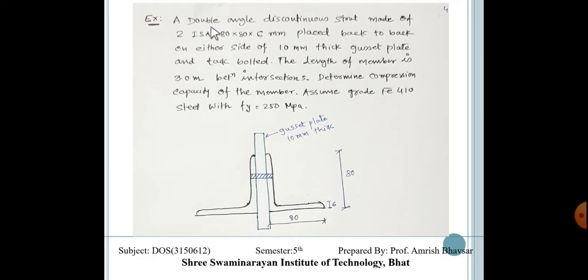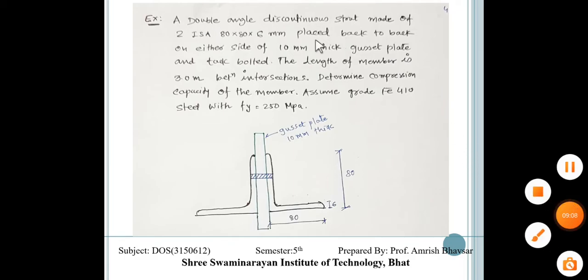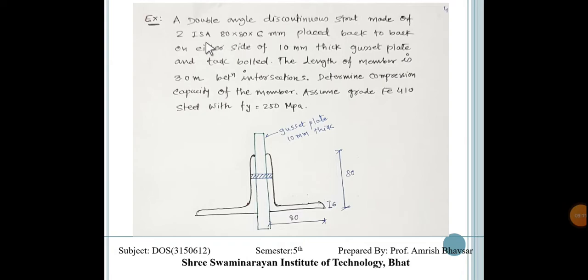A double angle discontinuous strut made of 2 ISA 80 by 80 by 6 mm placed back to back on either side of a gusset plate. This is our gusset plate, and two angles are connected back to back, 80 by 80 by 6, and the thickness of the gusset plate is 10 mm, and tack bolted.